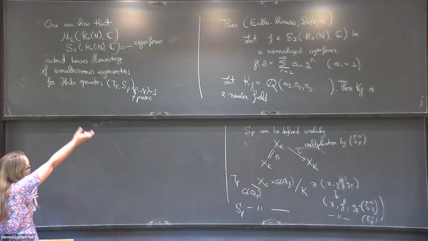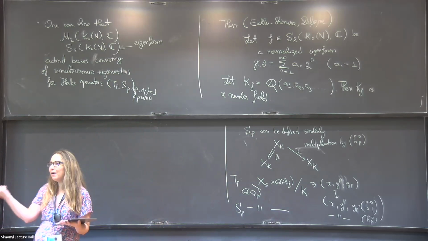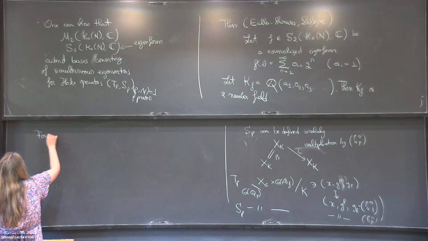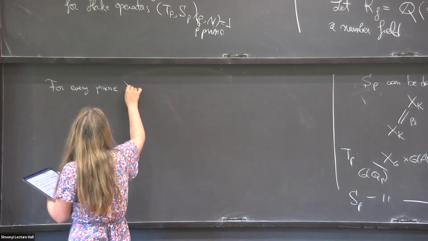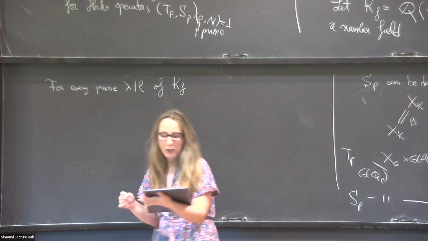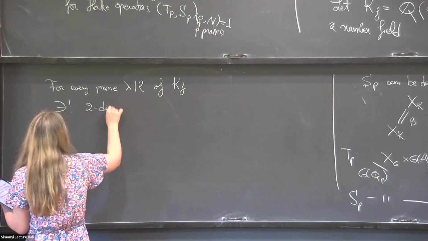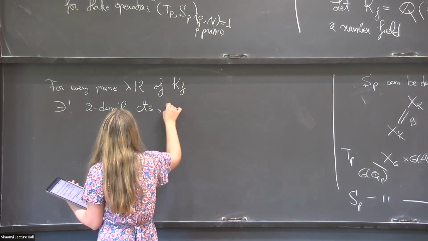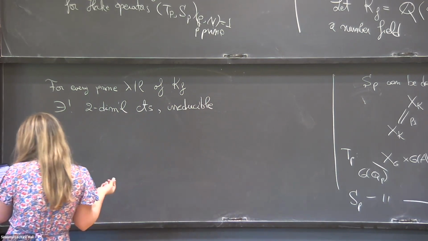And moreover, you can construct a Galois representation. The way that you want to do it is you want to construct one for each prime. So for every prime lambda dividing L of this number field, this finite extension of Q, there exists a unique two-dimensional continuous irreducible Galois representation.